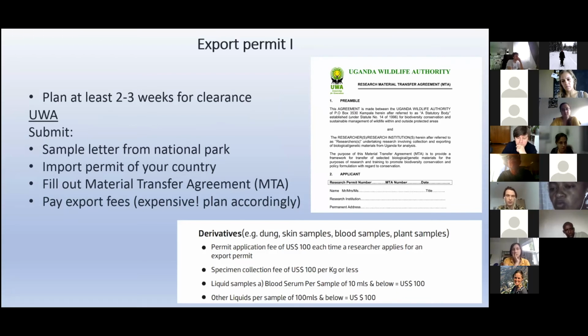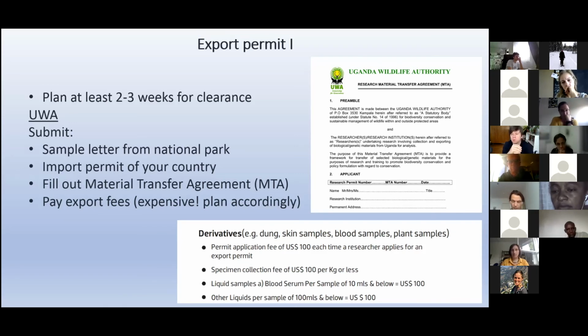For this, you also need to show ideally an import permit for sediments or geological samples or soil samples from your home country. So make sure you have this in place prior to doing any research. And you have to pay export fees, which in the case of collecting sediment cores are expensive in Uganda, because this is not the usual material which is being collected in protected areas.